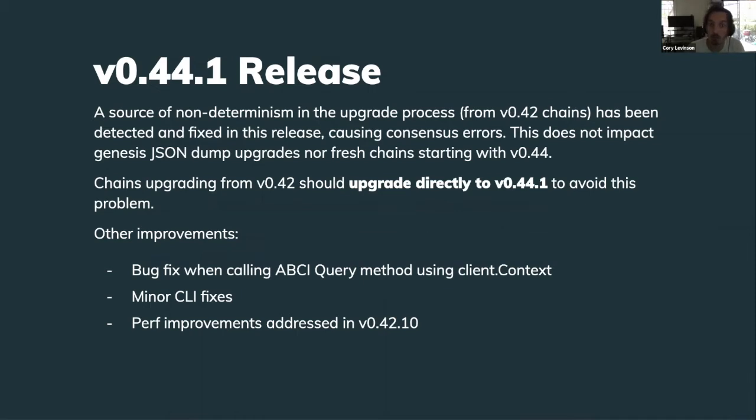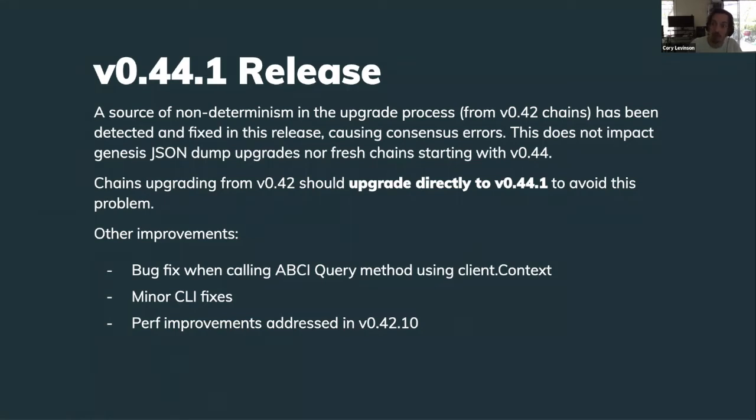Then on the 0.44 series, which is the more recent feature development release line that we've had, which includes OBZ and fee grant, we did a point release of that, which had a pretty important bug fix for a non-determinism in the upgrade process from a 0.42 chain.